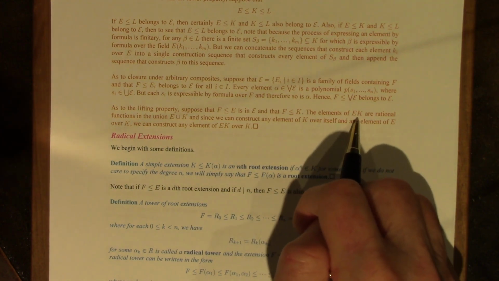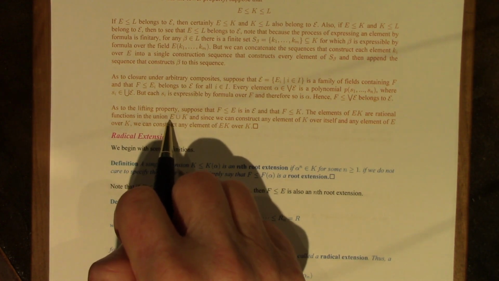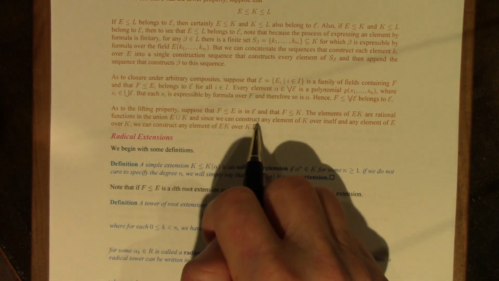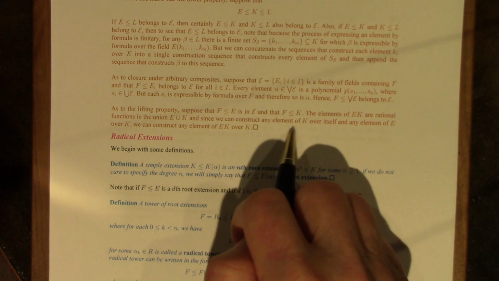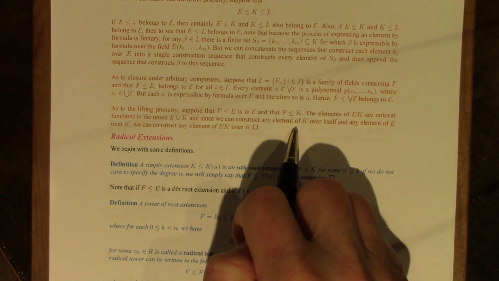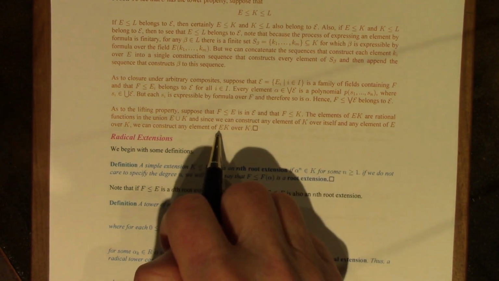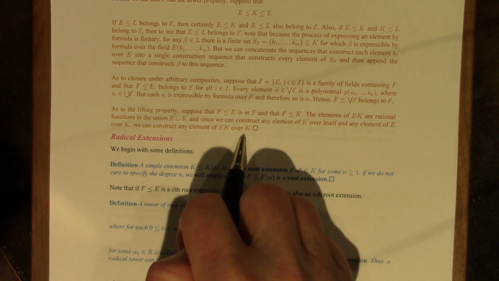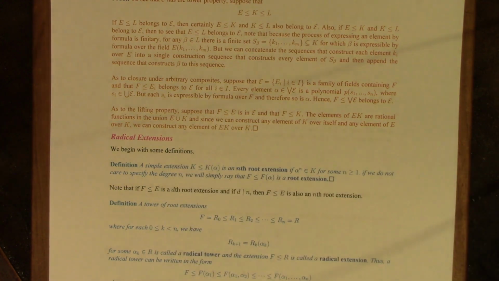The elements of EK are rational functions in the union, E union K, elements from either E or K. And since we can construct any element of K over itself and any element of E over K, we can construct any rational function. In other words, any element of EK over K. And so that's the lifting property.